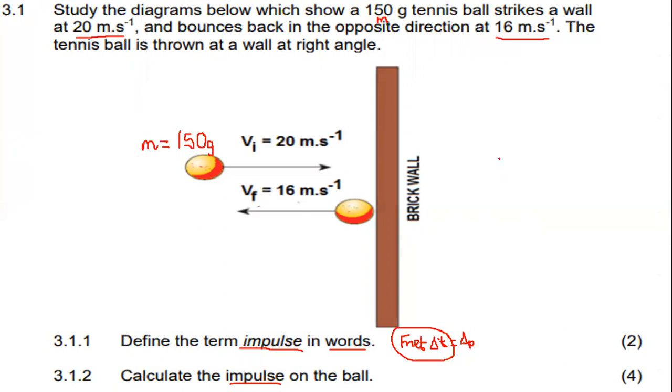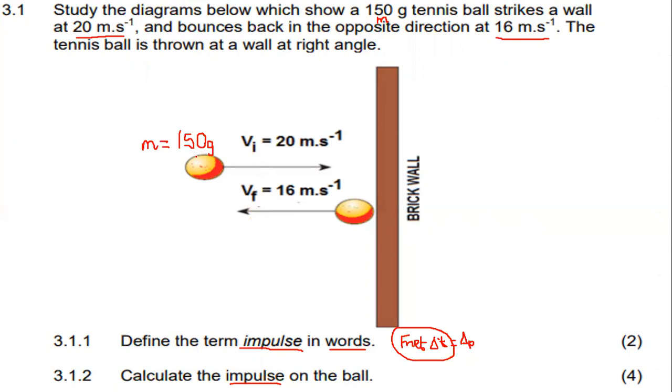In other words, we know the value of M, we know the value of VI, and we know the value of VF. So we can calculate the change in momentum. And when we get the value of the change in momentum, then we are definitely sure that this value is our impulse.